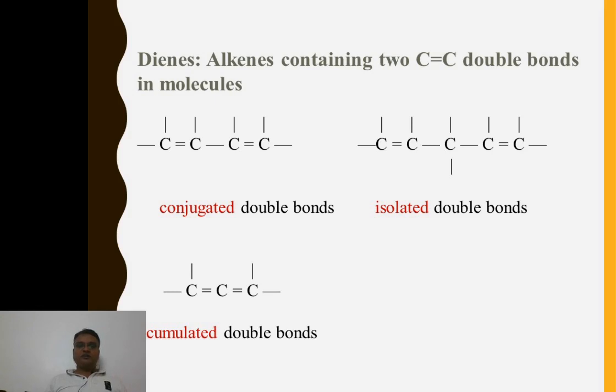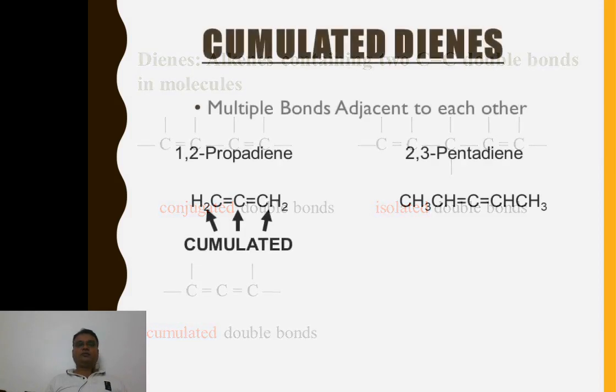So this is the basis. On the basis of this, dienes are classified into three types: cumulated dienes, conjugated dienes, and isolated dienes.